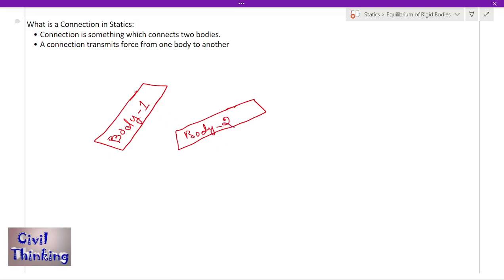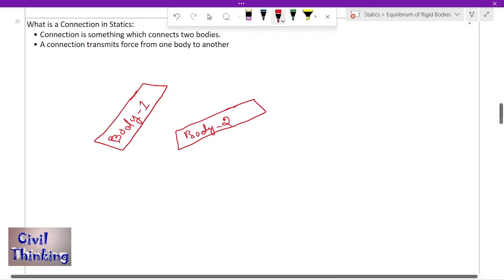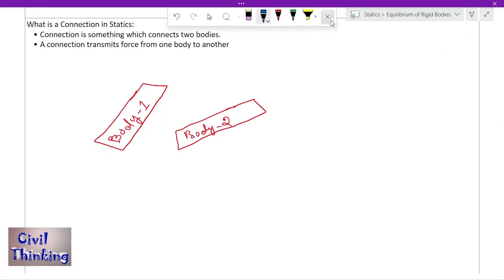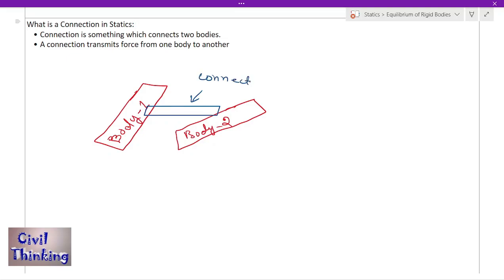Now if I want to connect these two bodies, I'm using something, for example I am connecting these two bodies like this. Because this thing connects body 1 and body 2, it is a connection.